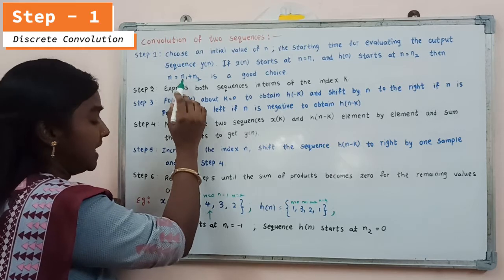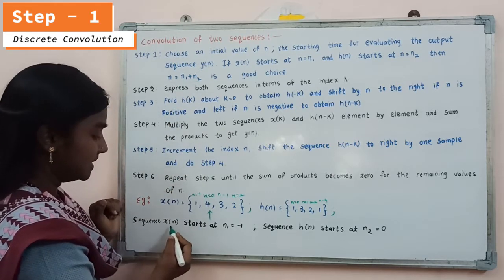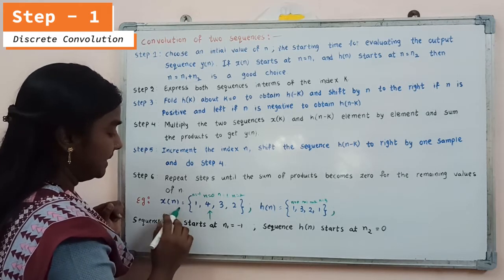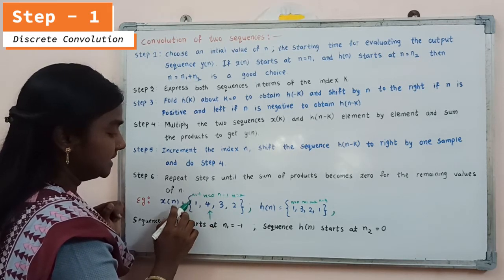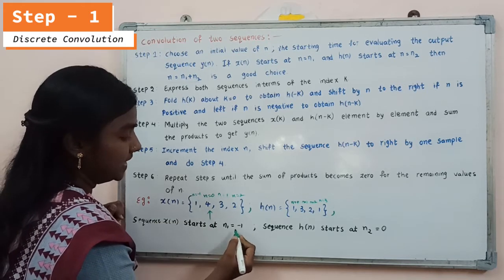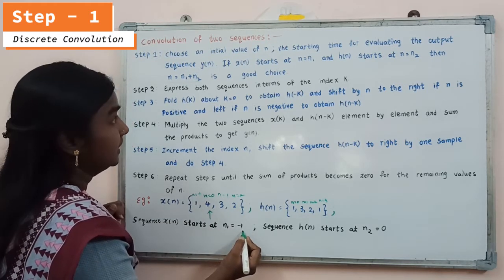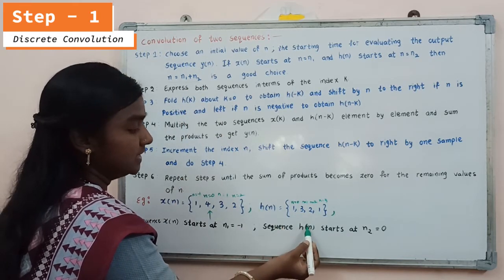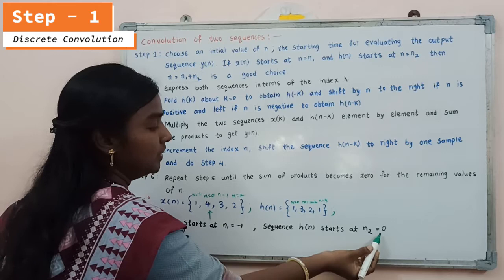Here n1, the start of sequence x of n, is n1 equal to -1. By seeing this signal, it starts at n equal to -1, so n1 will be -1. Now coming to n2, the h of n signal starts at n2 equal to 0.